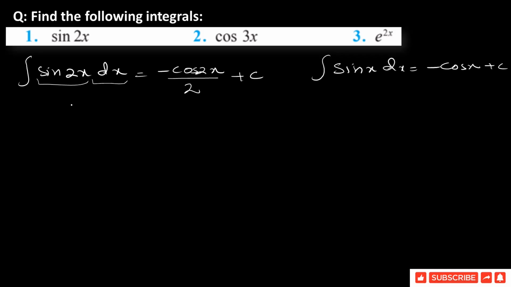If we take the derivative of sine of 2x, what do we get? The derivative of sine of 2x will be cos 2x times 2, so it becomes 2 cos 2x.